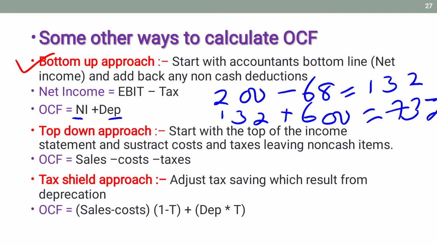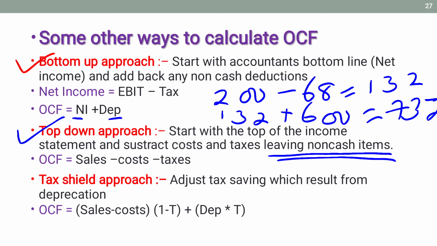If we are following the top down approach, start with the top of the income statement and subtract the costs and taxes, leaving out the non-cash item. This is important: you have to ignore the non-cash item.